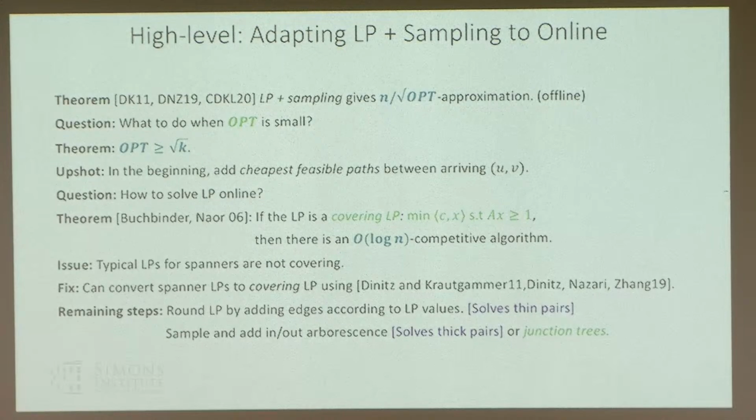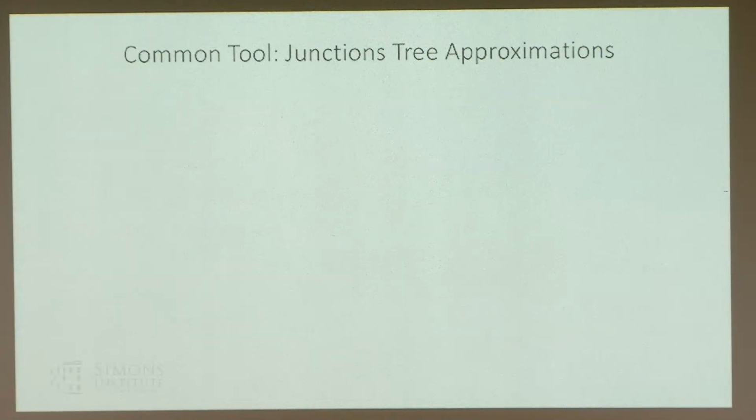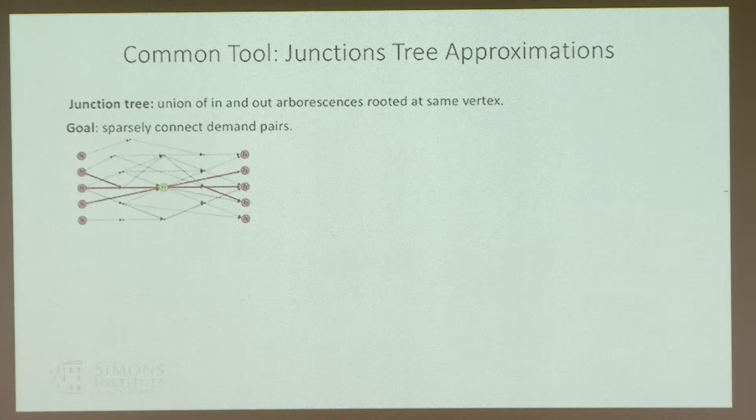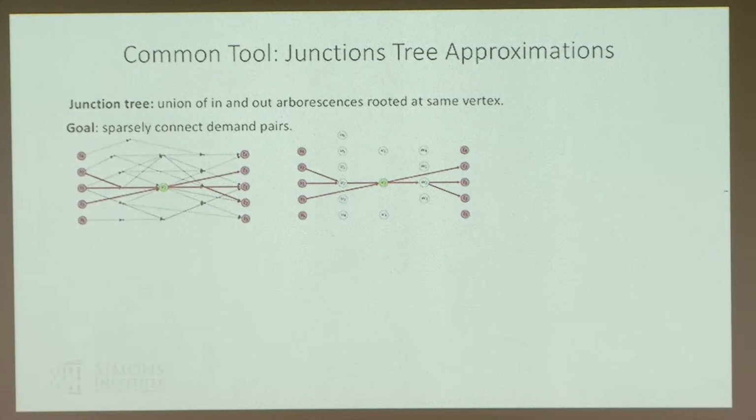Okay, so anyways, there are these nice tools called junction trees that essentially are a union of in and out arborescences rooted at the same vertex. And the nice thing about them is that they approximate spanners well, and also they can be computed efficiently.